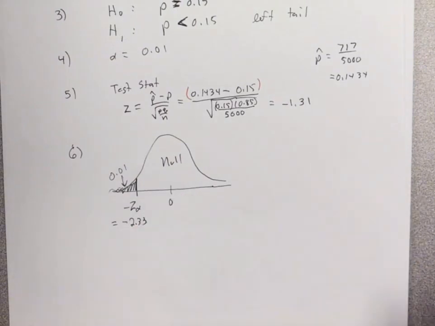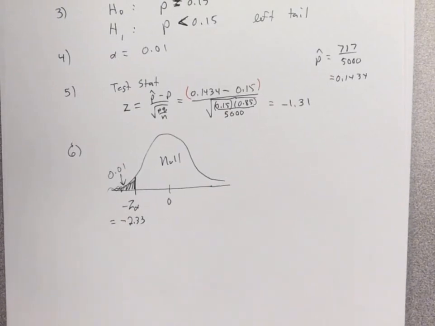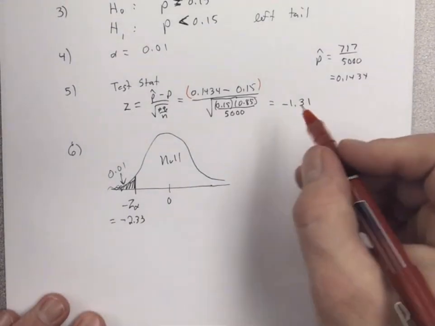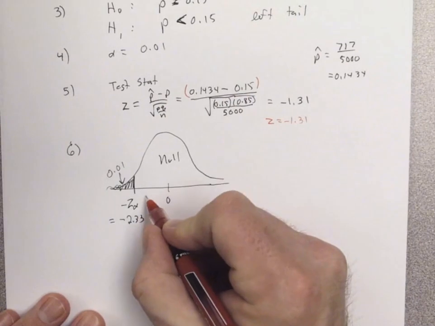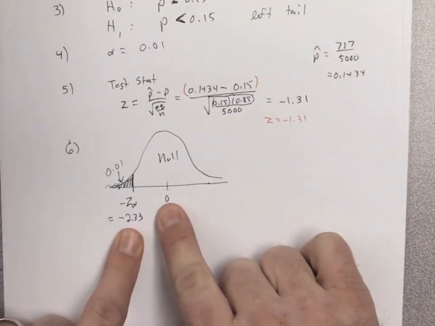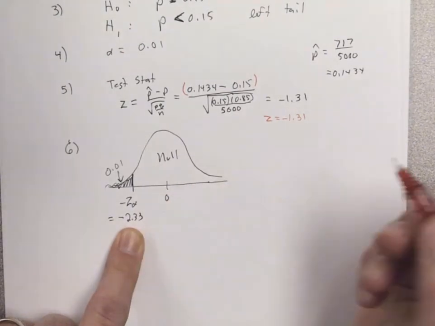Is it in the null area or the alternative area? It's in the null. This z-score, z equals negative 1.31, is clearly between negative 2.33 and 0. It's not quite big enough, so it's about right here.